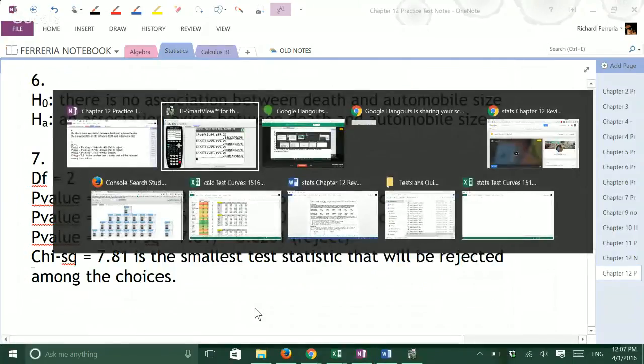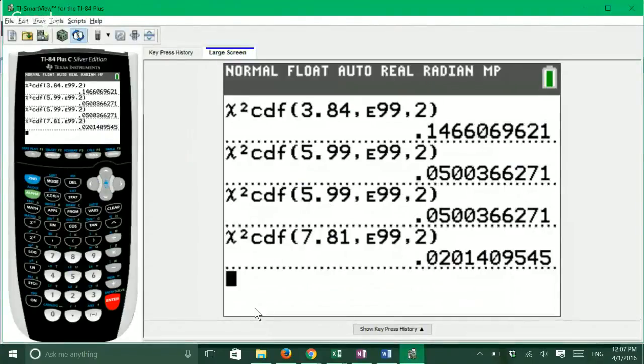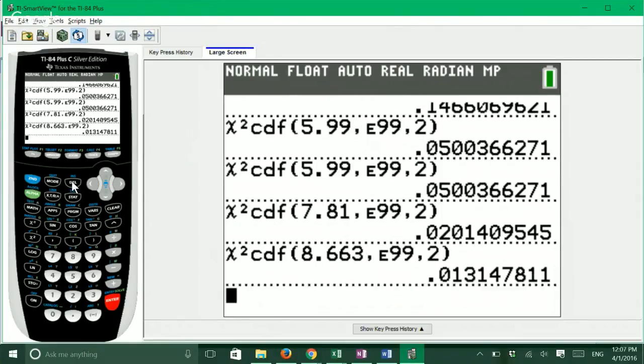Let's calculate it. 8.663. Great. That gives me a p-value of 0.0131.